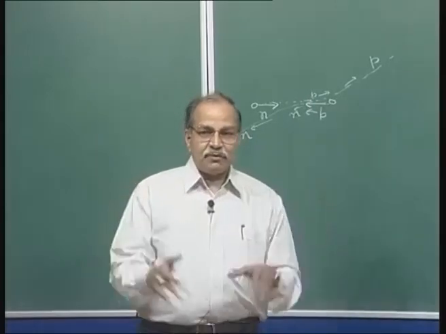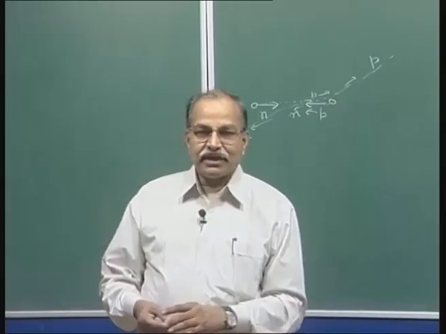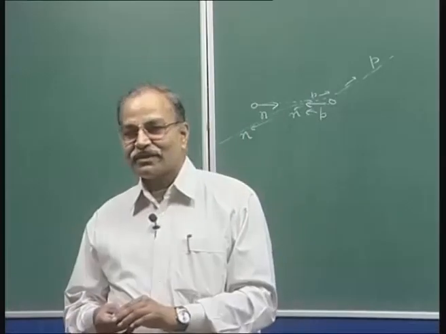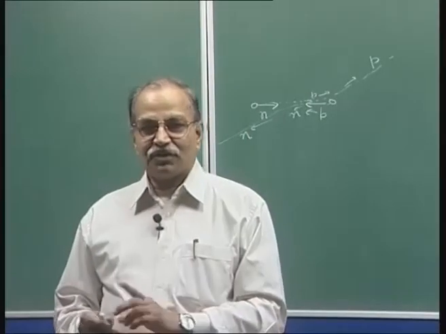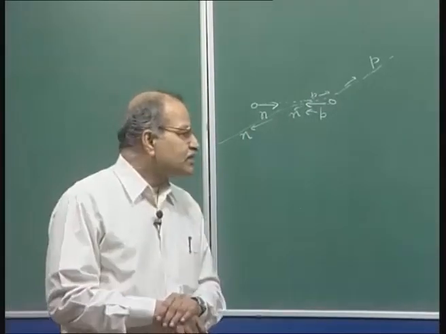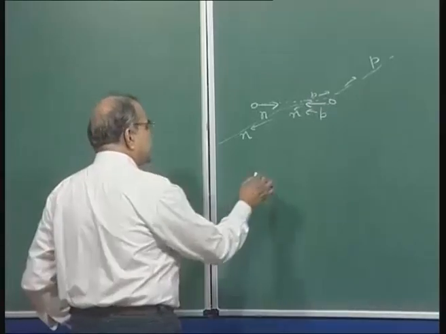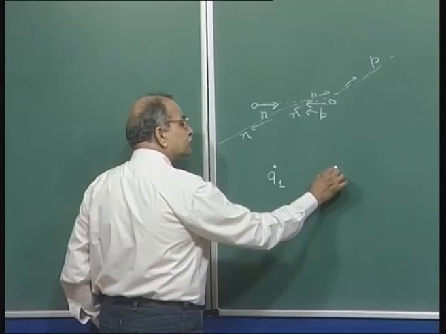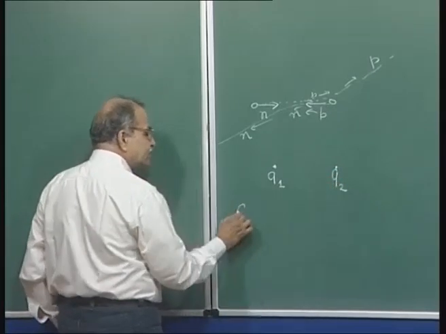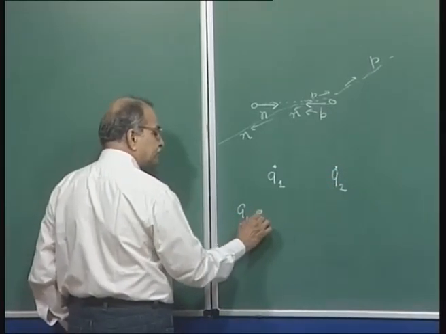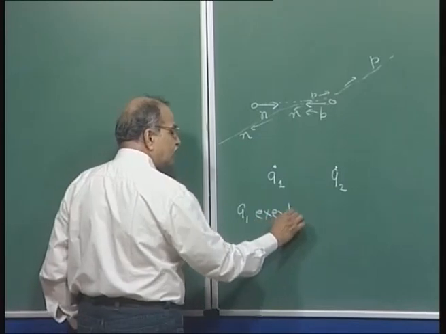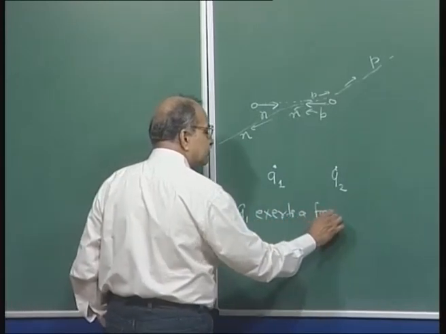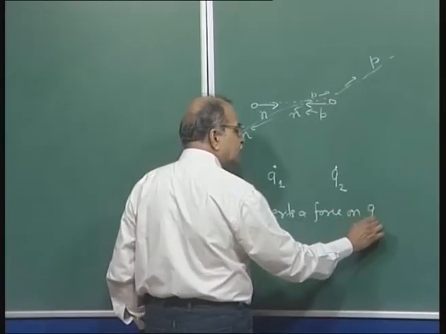So, the most familiar case that you have is electromagnetic interaction, and you remember in school days we say that if there is a charge q1 and a charge q2, then q1 exerts a force on q2.